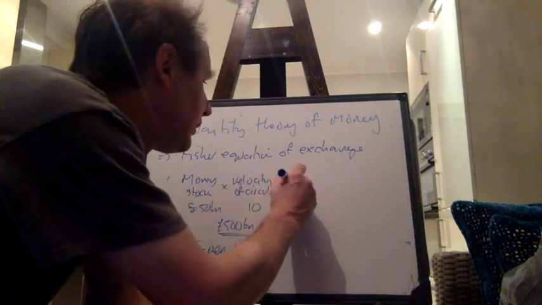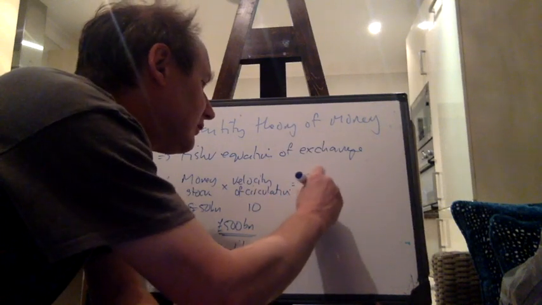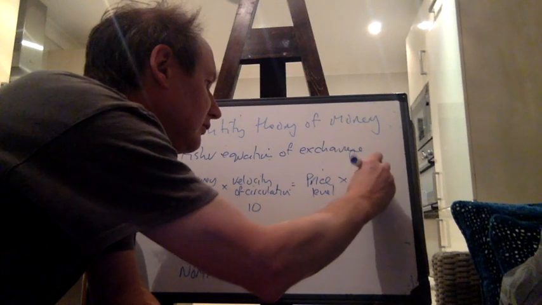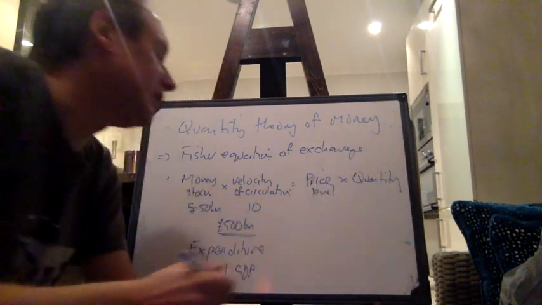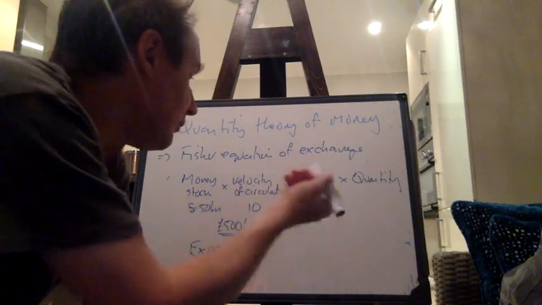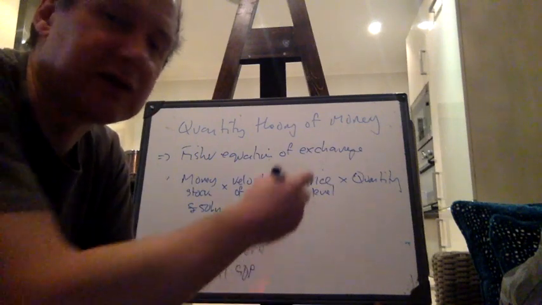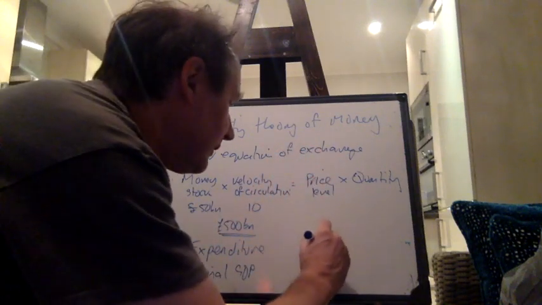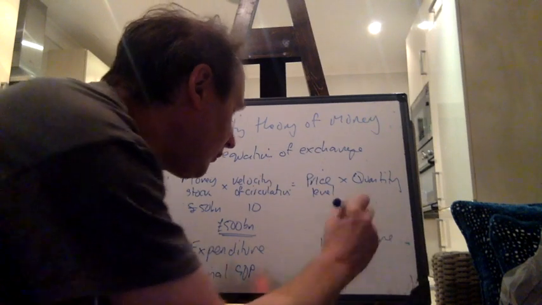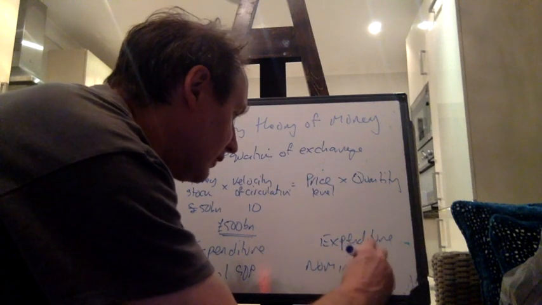But he also said, well, GDP is just the price level times output. Price times quantity is also going to be expenditure, which is, as we said, a way of measuring nominal GDP.